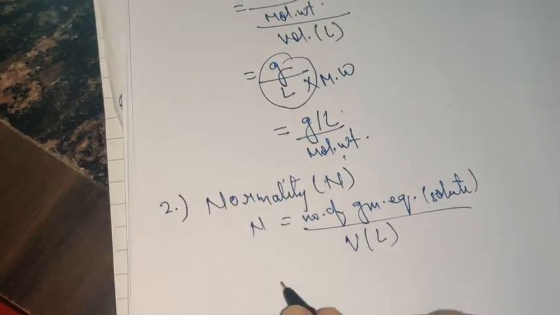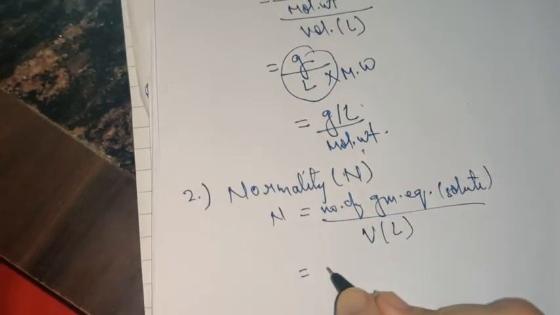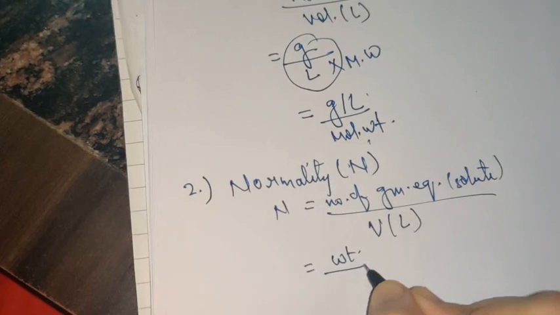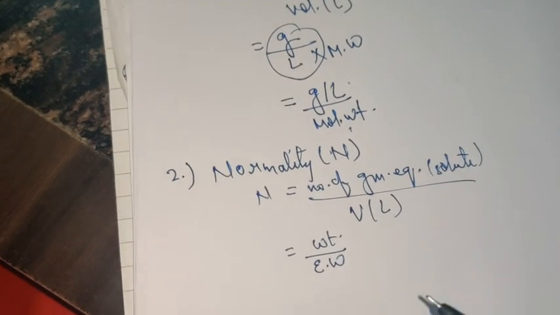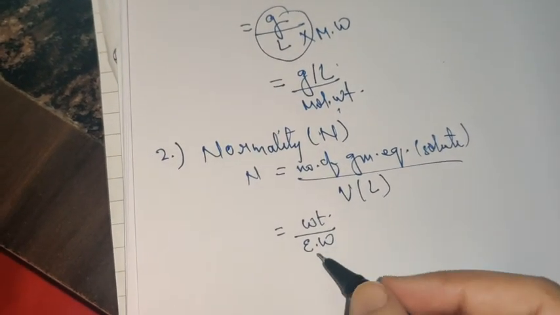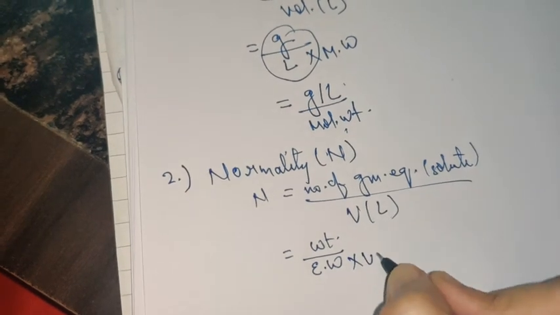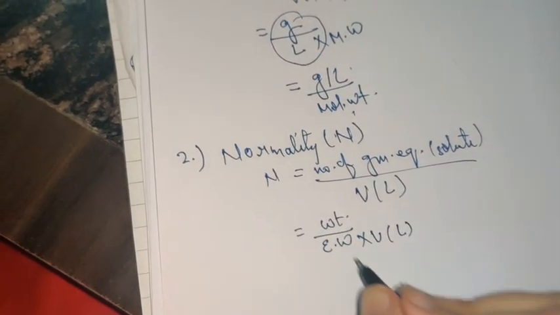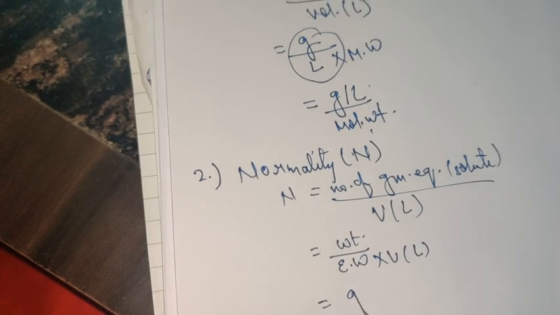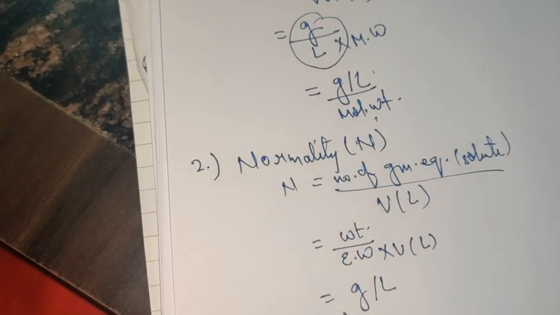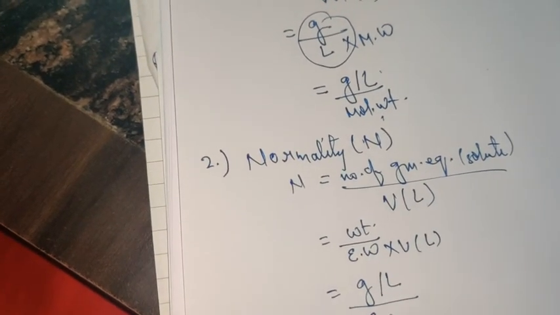Now the number of gram equivalents is equal to weight upon equivalent weight, into volume in liter. So this can also be written as gram per liter divided by equivalent weight.